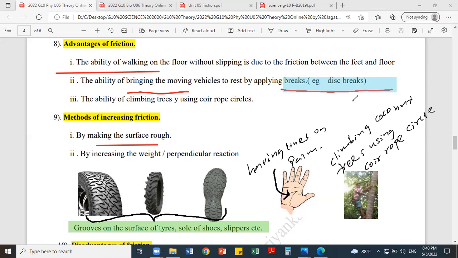Okay, so that increases the frictional force. Right. Then next one.